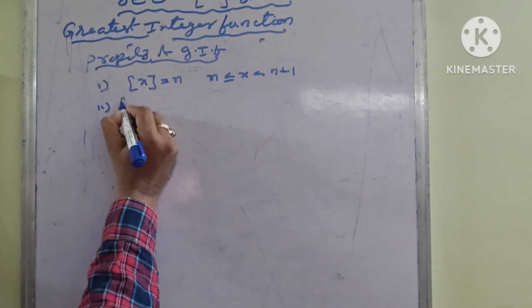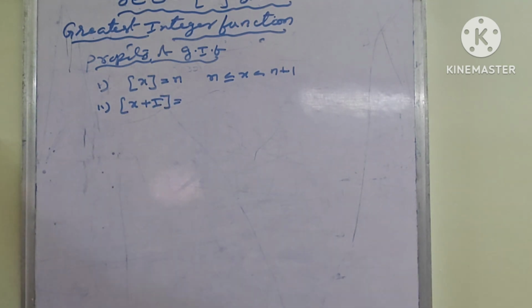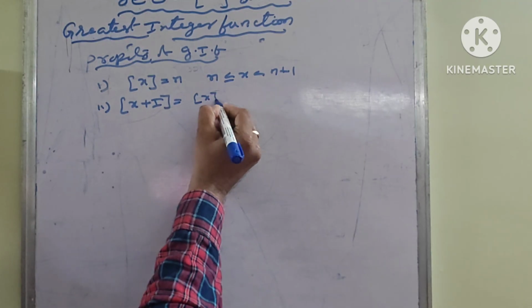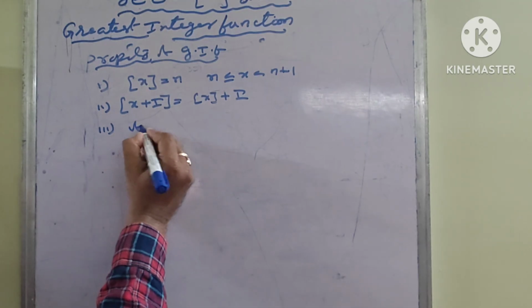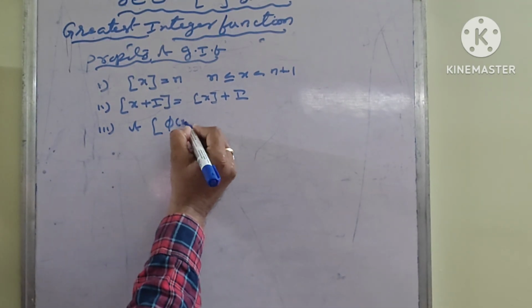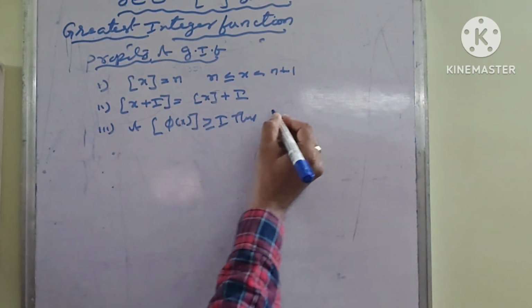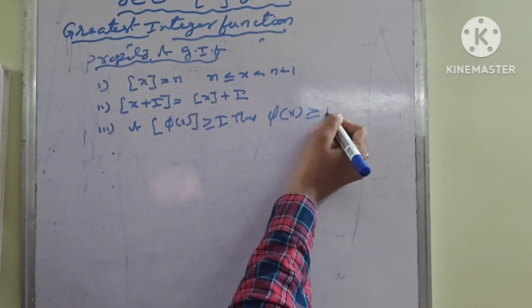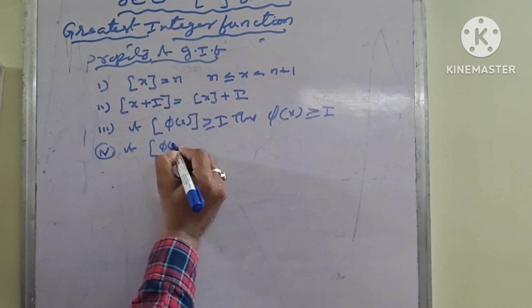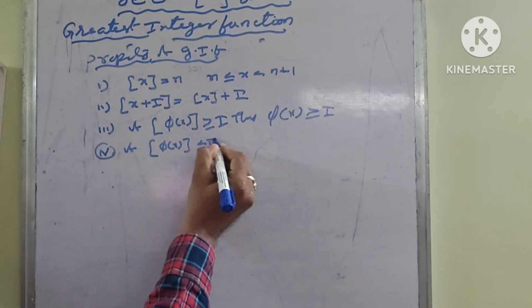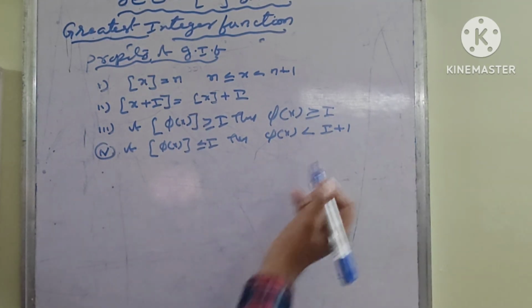The second point: the integral part of x plus I is equal to the integral part of x plus I. Third, if the integral part of phi of x is greater than or equal to I, then phi of x is greater than or equal to I. Fourth, if the integral part of phi of x is less than or equal to I, then phi of x is less than I plus 1.